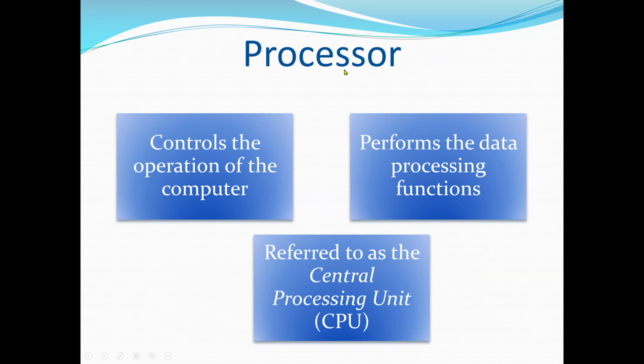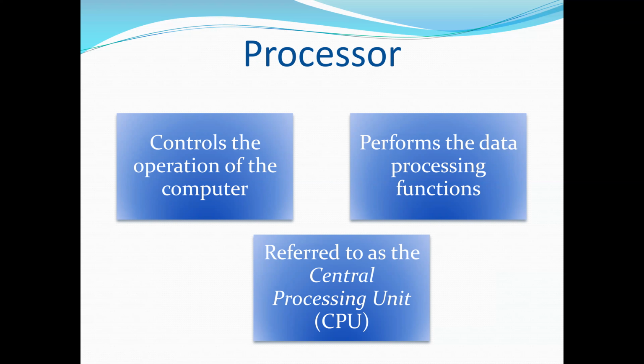So first we start with what is a processor. This course is about operating systems, so we will not go into details about a processor, for example, the elements or the components of a processor. We know a processor has so many different parts. We may discuss the processor at an abstract level, in a more general form. So here we say a processor normally controls the operation of the computer and also performs its data processing functions.